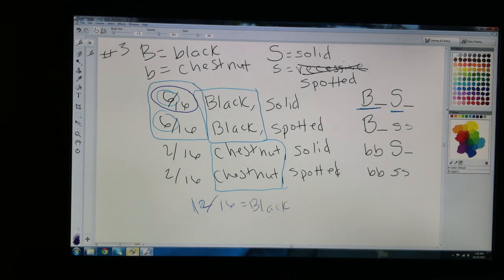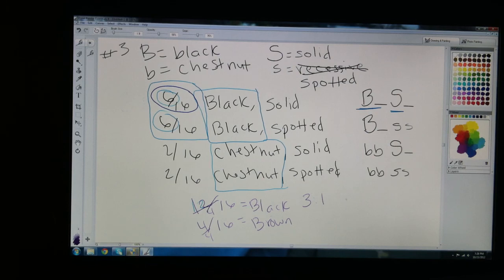And for the chestnut, 4 out of 16 have brown or chestnut colored fur. If we do the math here, you can just divide each one by 4, and that would give us 3 to 1. This is a general 3 to 1 ratio.